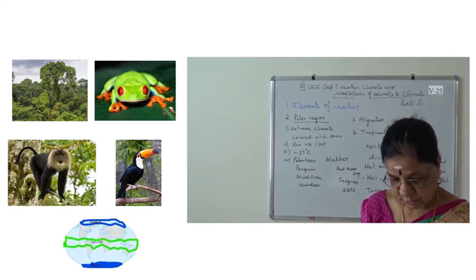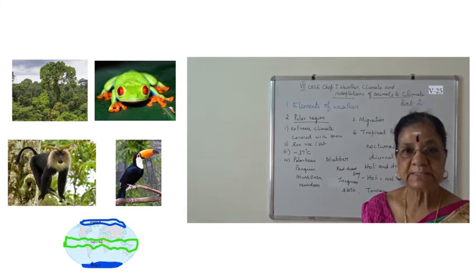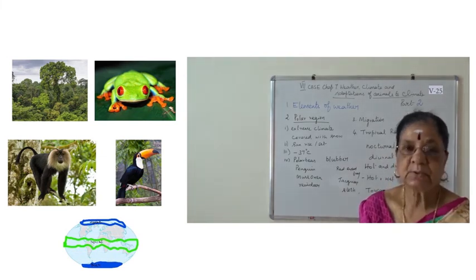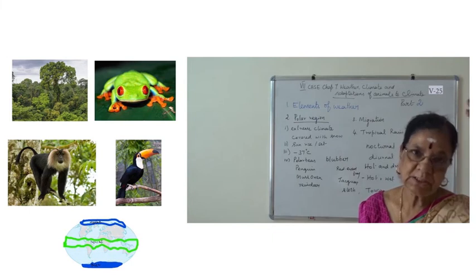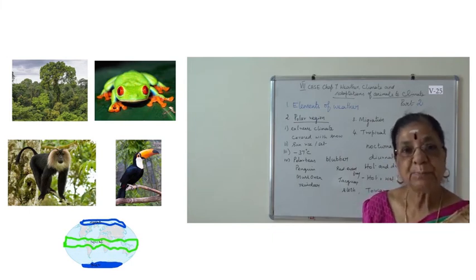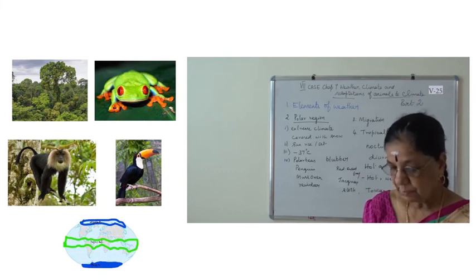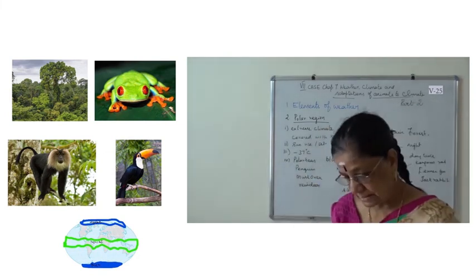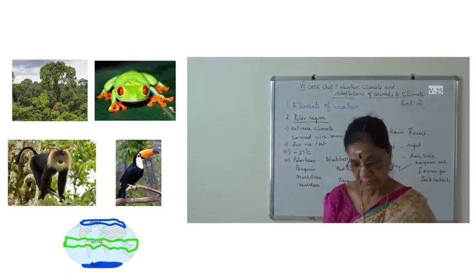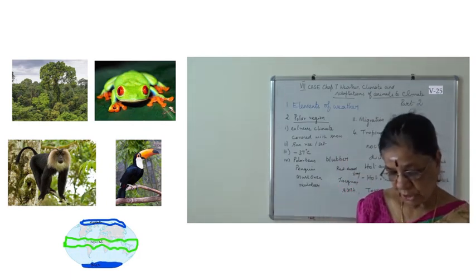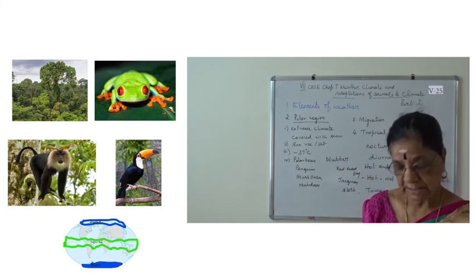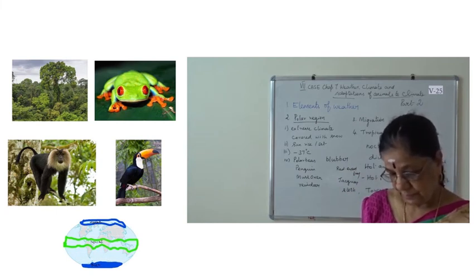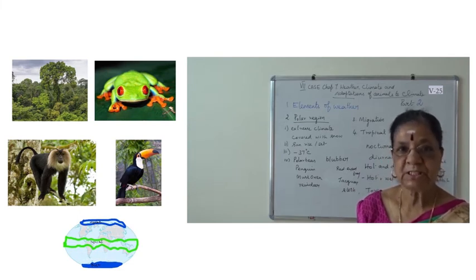And like the ears of the fennec fox, their beaks help them to lose excess heat to the surroundings. In the fennec fox it was the ears, and here the beak is supplied with blood vessels. This is the toucan bird. Their beak also helps them to break fruits and nuts that have tough shells. This is about the toucan.